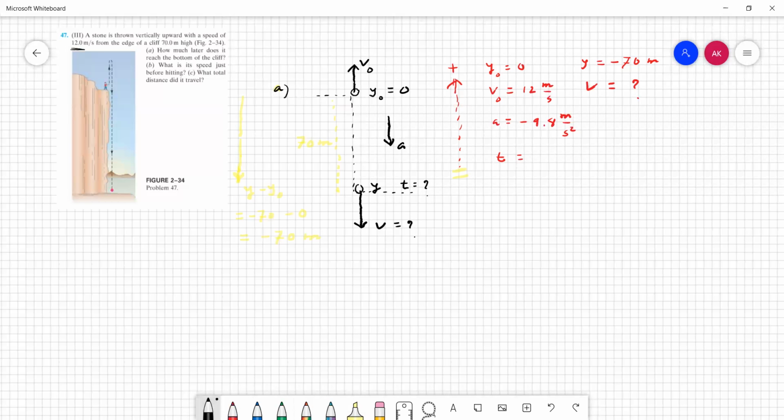So we can use y minus y naught is equal to v naught t plus half a t squared. y is known.